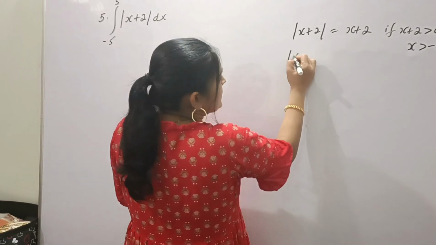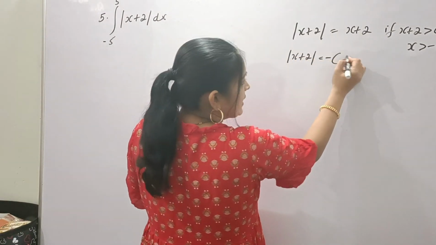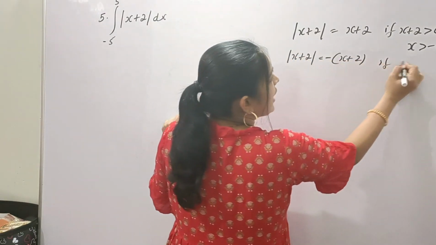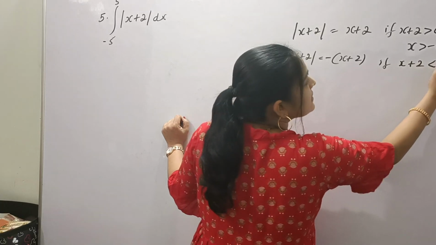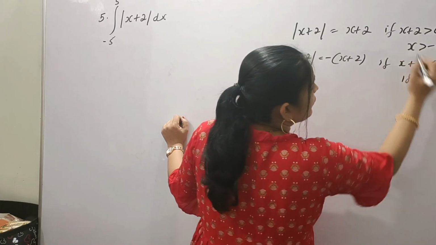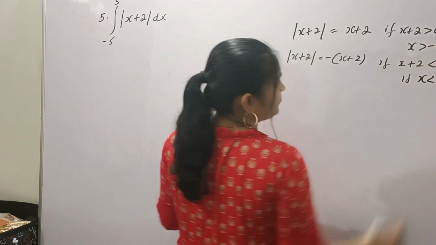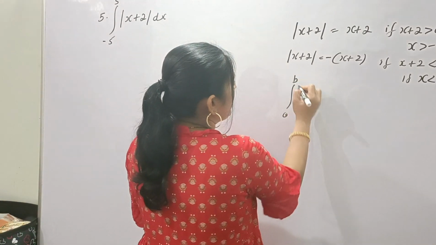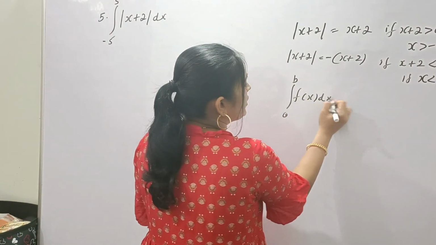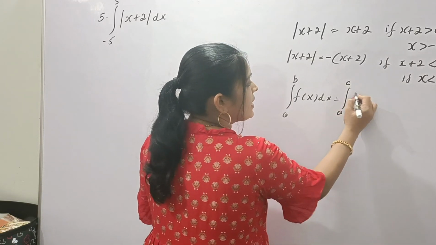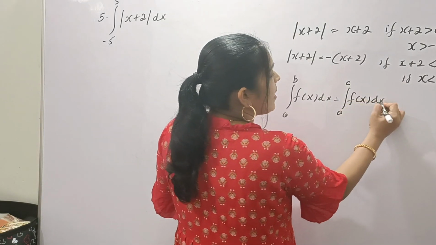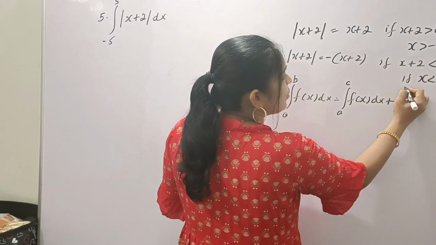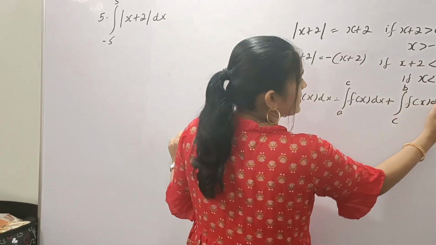Modulus x plus 2 is equal to minus of x plus 2 if x plus 2 is less than 0, that is if x is less than minus 2. So here we have a property: integral a to b f of x dx is equal to integral a to c f of x dx plus integral c to b f of x dx.